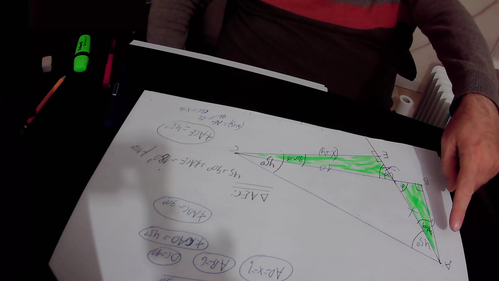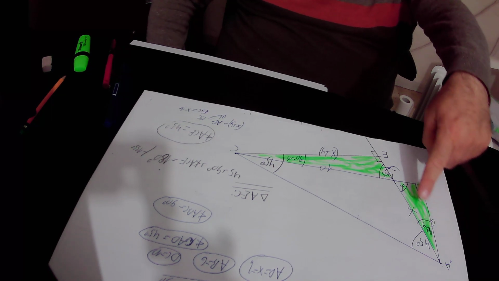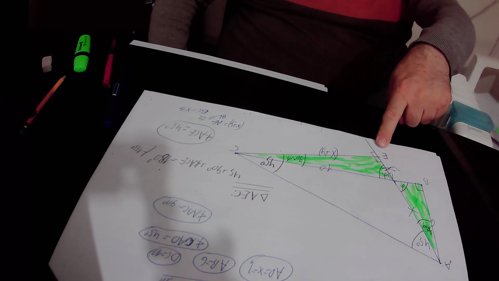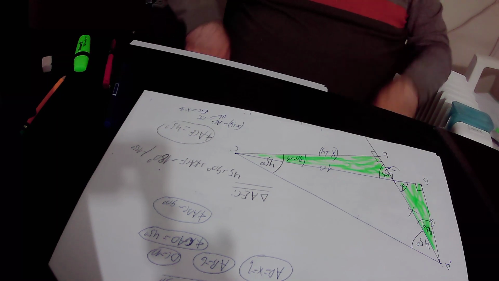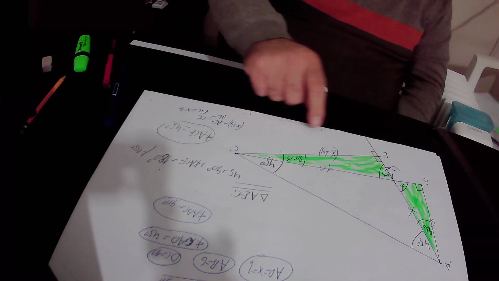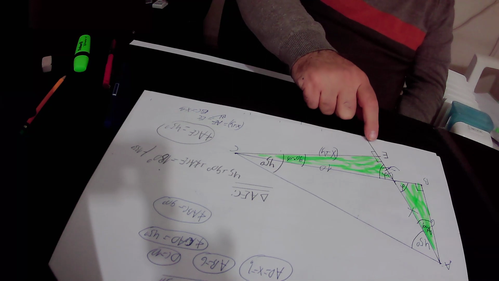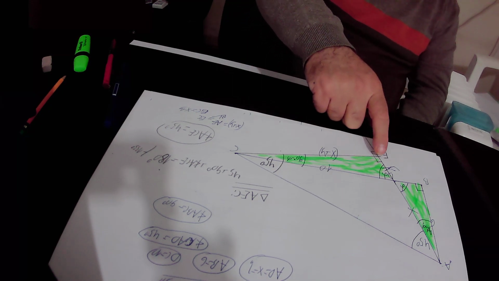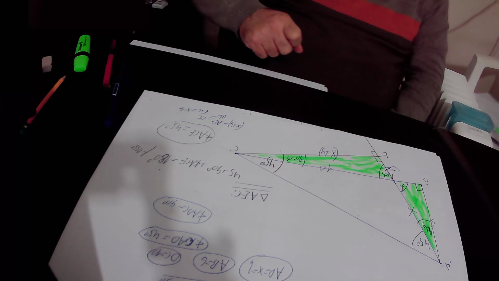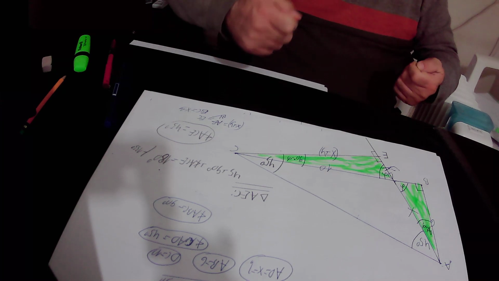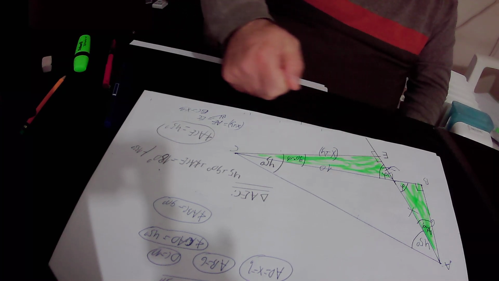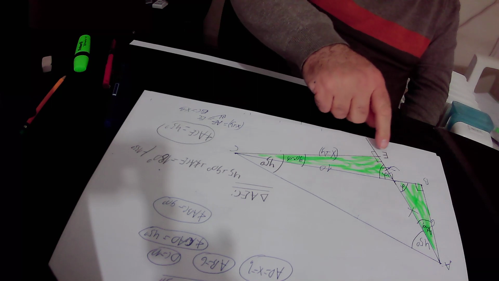We extended the line segment AD by a straight line, and then from point C we drew a perpendicular to the extended AD. So this angle equals 90 degrees and this angle also equals 90 degrees. We define the touching point of the perpendicular from C and the extended AD as point E.